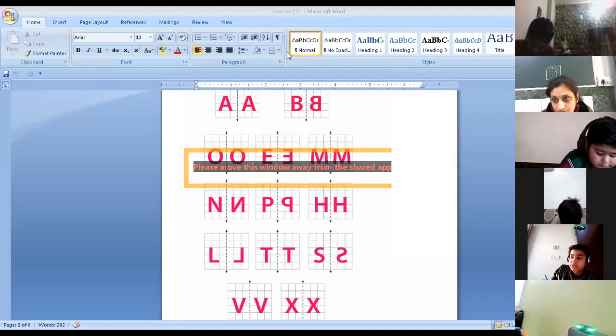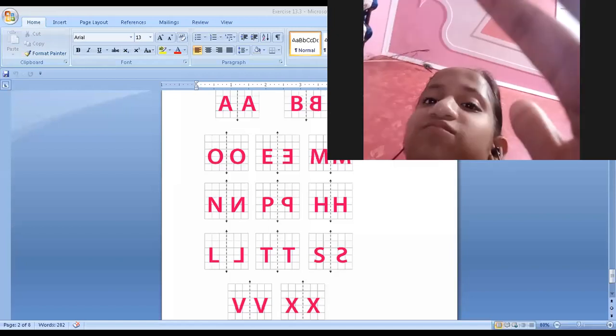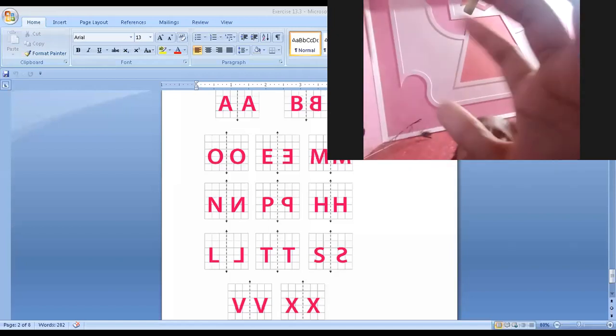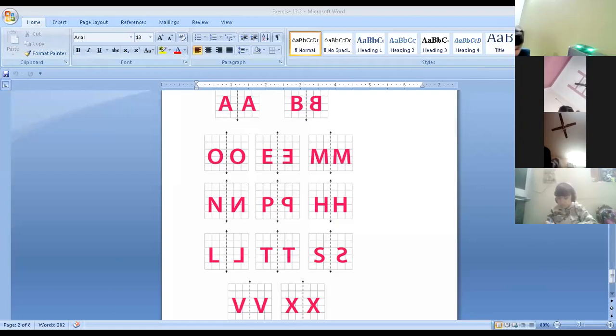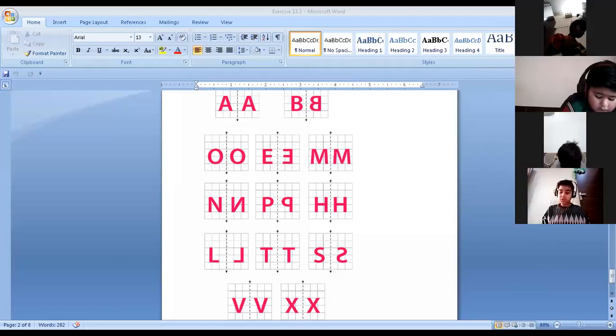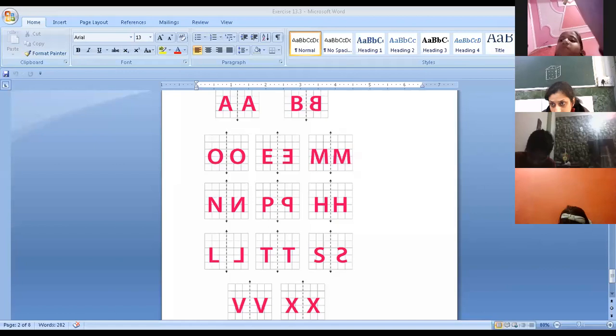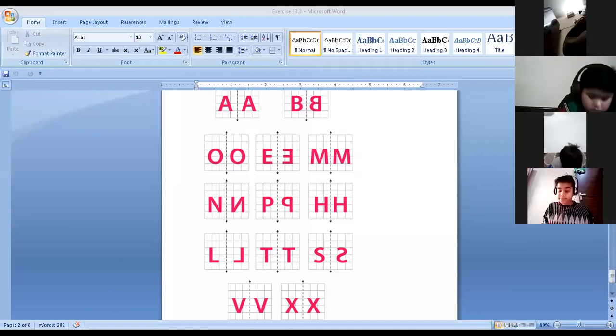Draw it, children, everyone. Draw it somewhat neatly, Kavya. Who else has drawn? Question number 1 and question number 3, they can show me.